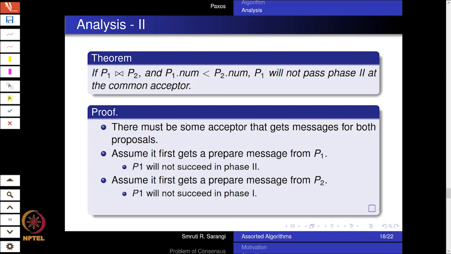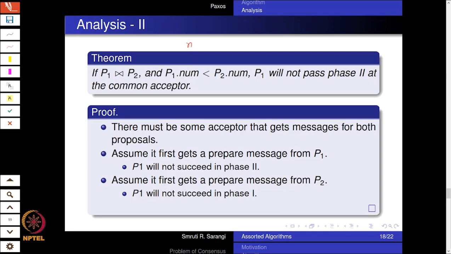So let's prove the first theorem, which says that if P1 and P2 are concurrent and P1's number is less than P2's number. Recall that we were using the n field in the algorithm, but we are using num now. They mean the same thing, but this is easier to explain and visualize.